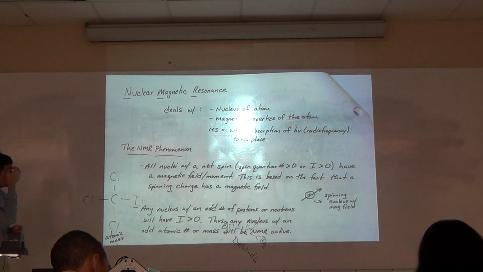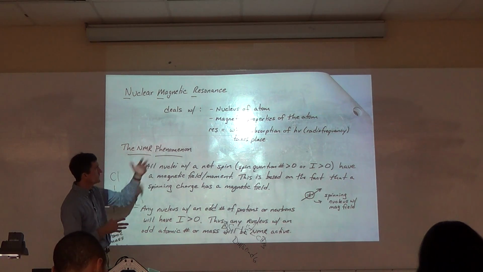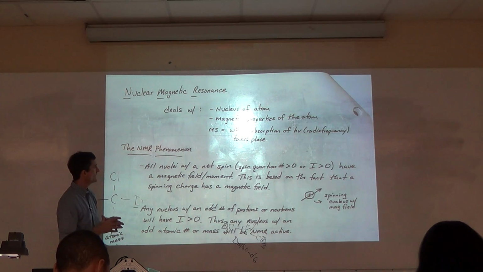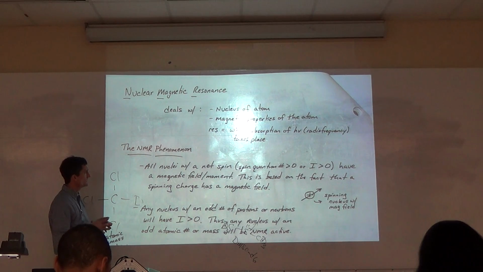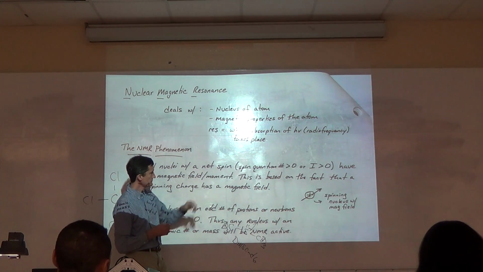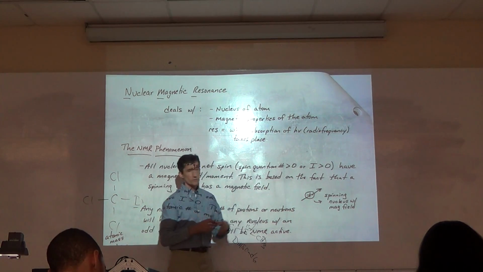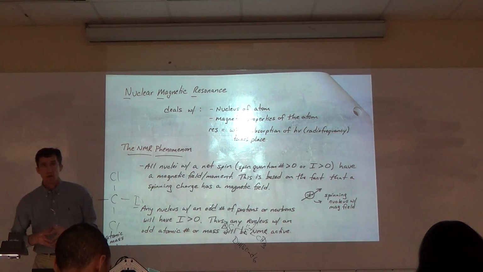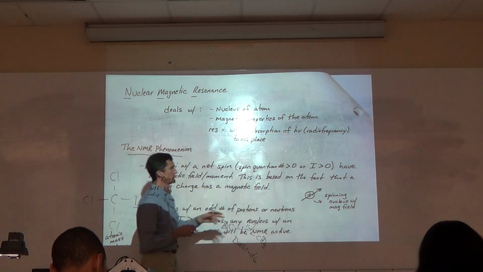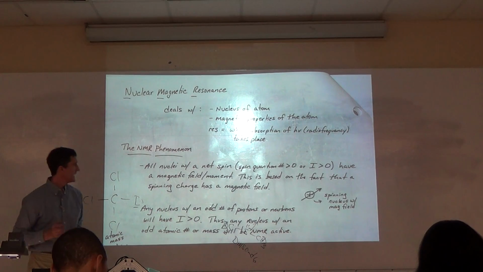Tell you a little bit more about that. The NMR phenomenon. Why do we get a spin? What's this magnetic property? Let's start with this premise. All nuclei that have a net spin, that is a spin quantum number greater than 0, spin quantum number is also known as capital I. So if it has an I greater than 0, it will have a net spin.